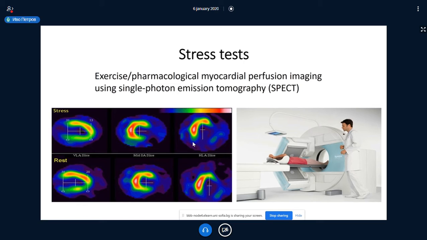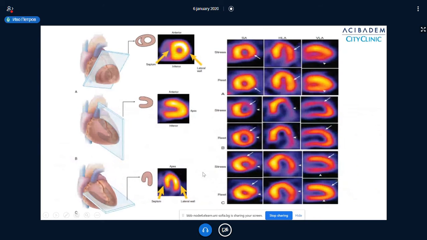The exercise is causing a difference between the situation at rest and during the stress. We are measuring the perfusion. In case the perfusion during rest is higher compared to the perfusion during the stress, this is telling us that during the stress we have an imbalance between the demand and the supply of the myocardium, like shown also here.